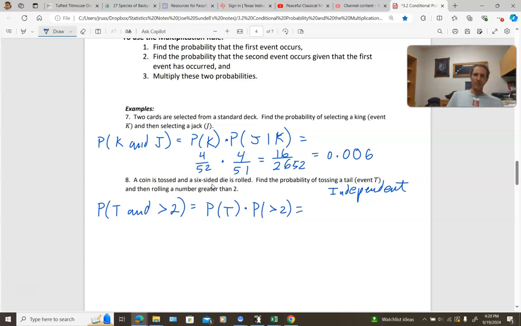All right, well, the probability of tossing a tails is 1 out of 2, or 0.5. Actually, let me do a fraction, 1 out of 2, okay?